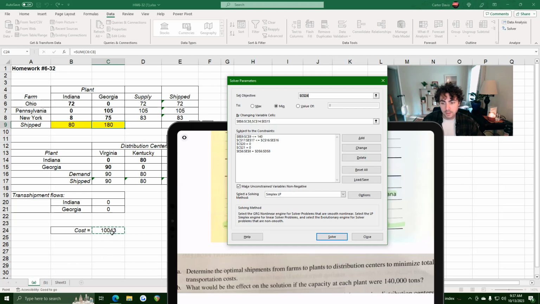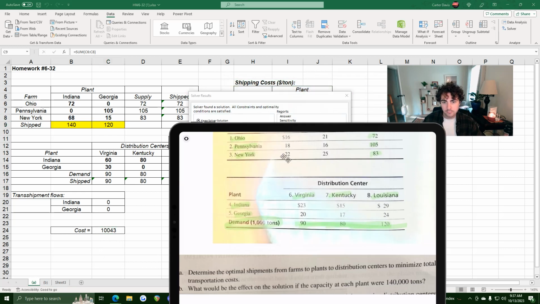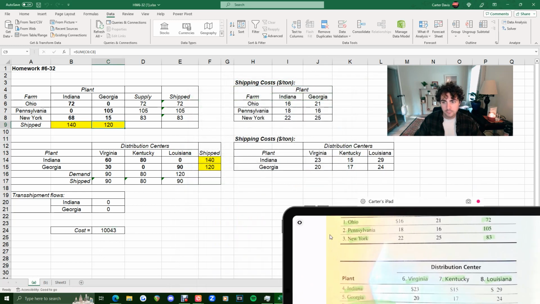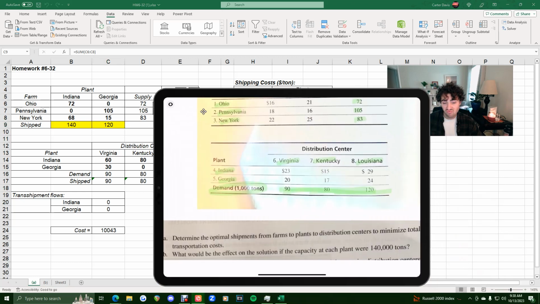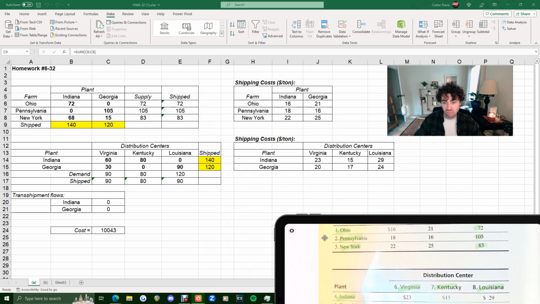So our cost currently is 10,043. Did it change anything? I don't think so. So, I mean, if I'm not mistaken, if I did everything right here, we're maxed out at 120. They still shipped everything out.